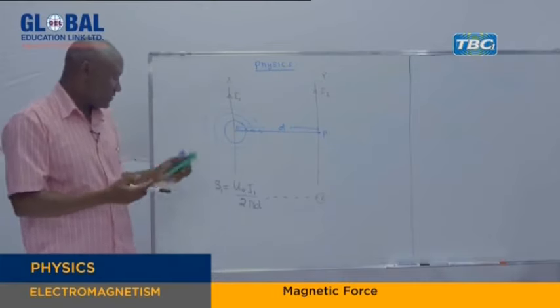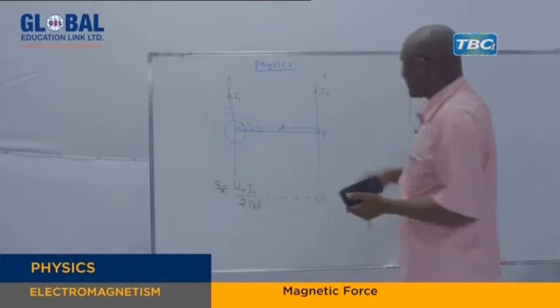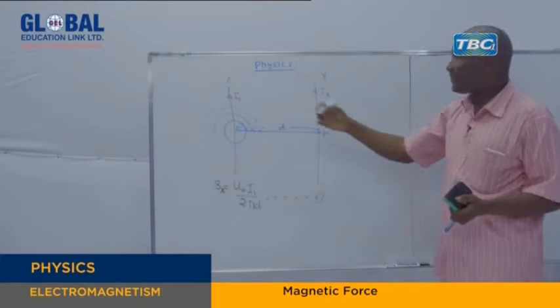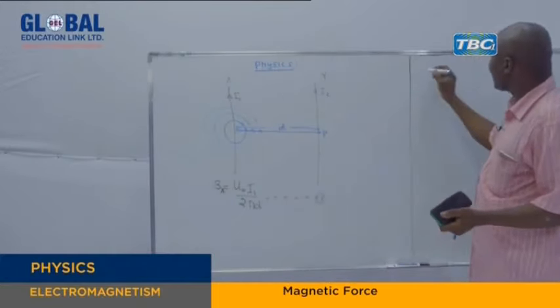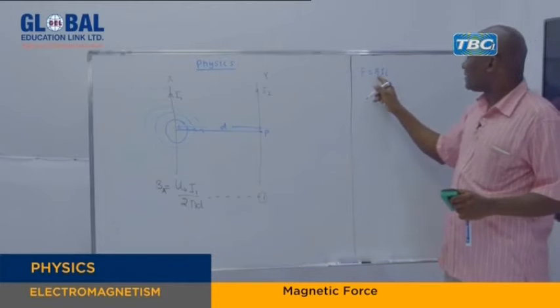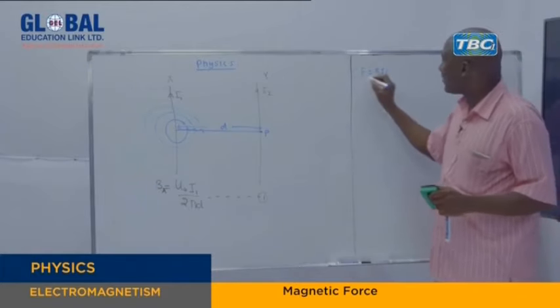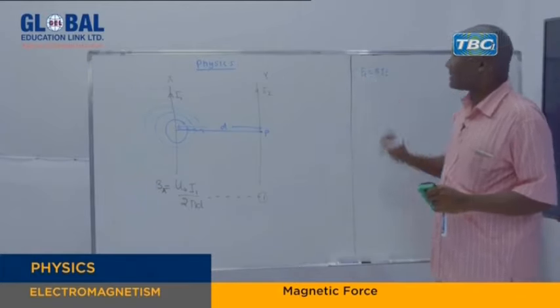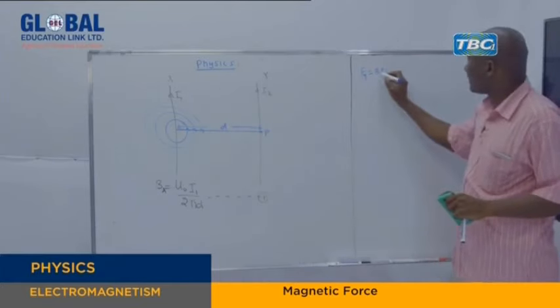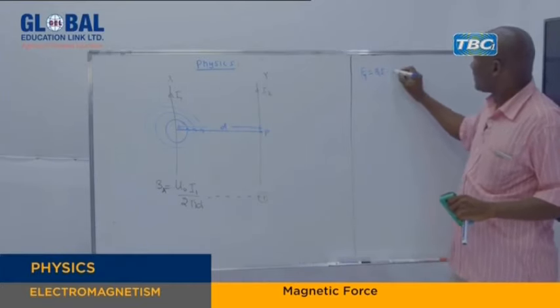Because of this magnetic field, wire Y will experience a force. That force is given by B I L. What is this? It is the magnetic force on wire Y. B is the magnetic flux density produced by X. Let's take it as B1. What is I?